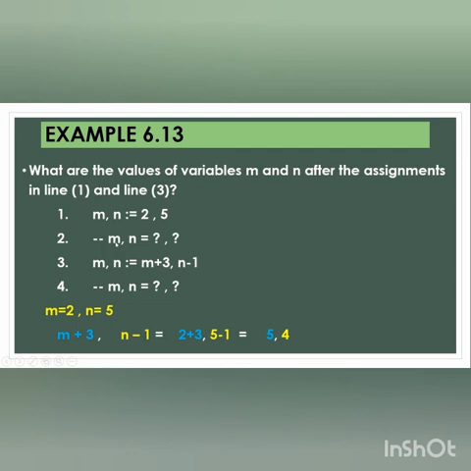Now, the value of m is 5 and the value of n is 4. So, the existing value is overwritten here. In the fourth statement, m comma n. What is the value of m and n? m is 5 and n is 4. So, the assignment statement changes the values of variables.